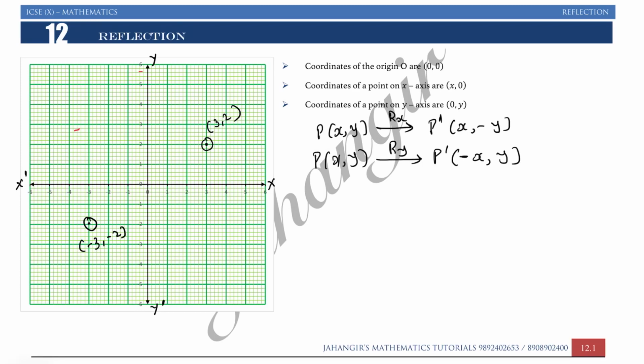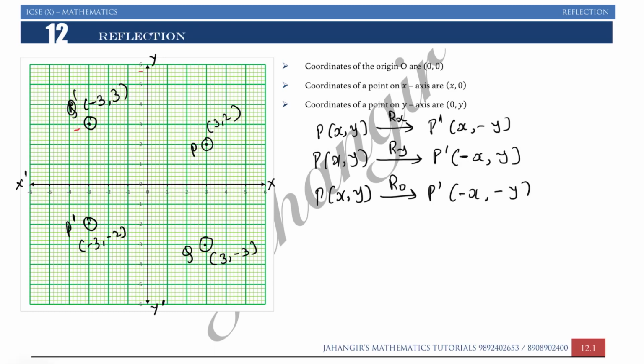If I take a point 3 comma minus 3, call it Q, its reflection Q dash will be minus 3 comma 3. The quadrants simply exchange. See, both coordinates have changed sign. So when you reflect any point in the origin, you will get minus x comma minus y.